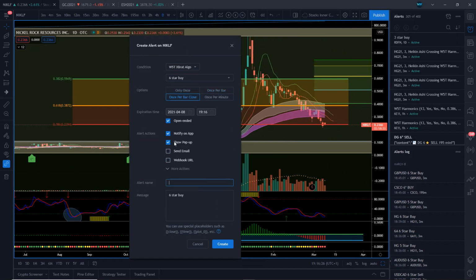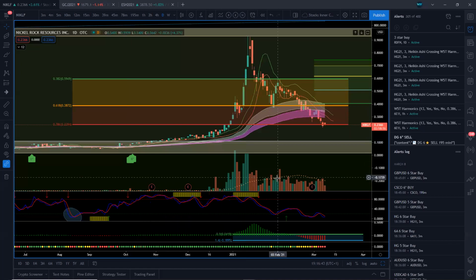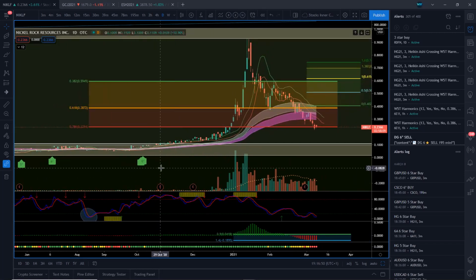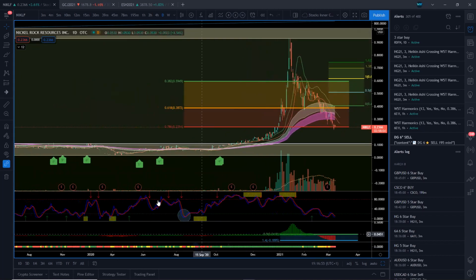I can show a pop-up, send it to the app and everything else, click create, and you will get an alert on that OTC stock if there's a 6-star buy, straight to your phone, to the app, in an email if you want, wherever. So for me, this is very powerful for penny stocks, OTC stocks. If this is what you're trading and you've got a watch list of 400 stocks, you're looking for a breakout, this XPRAT algo spots it, without a doubt.